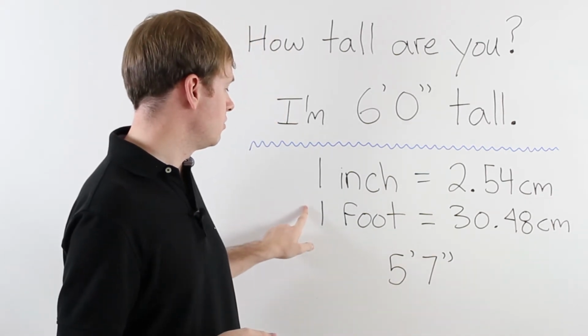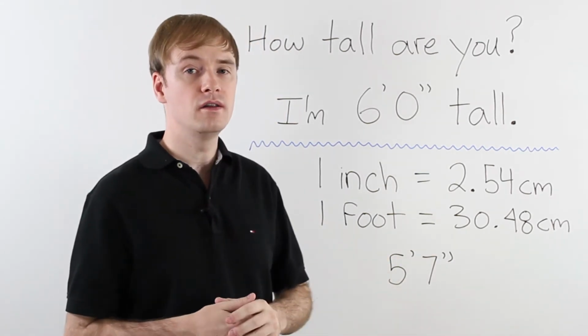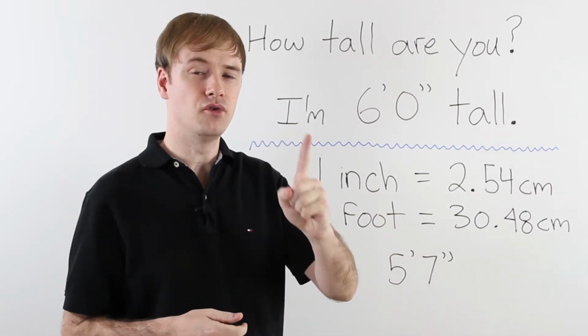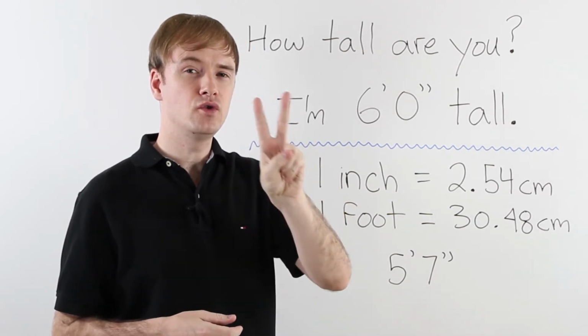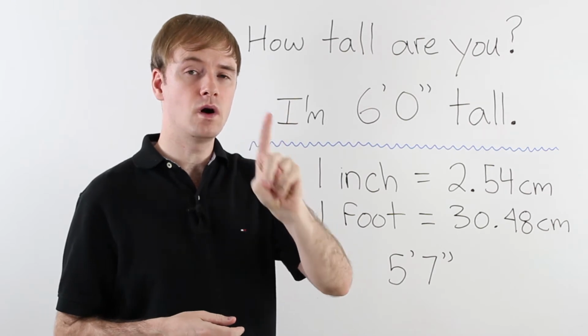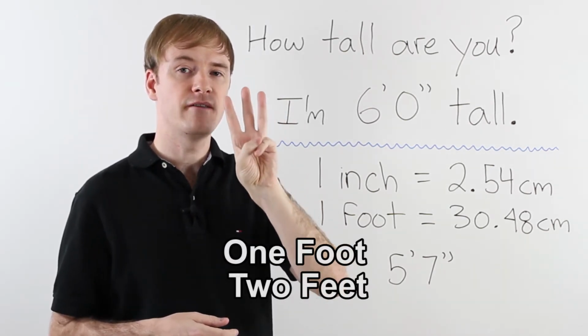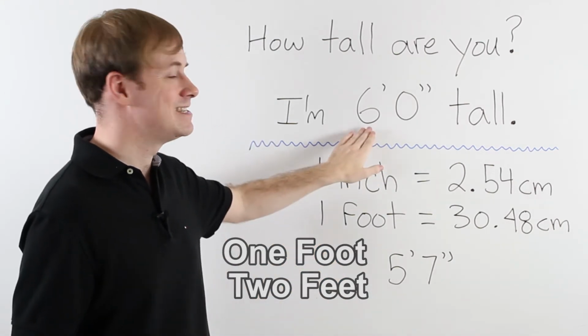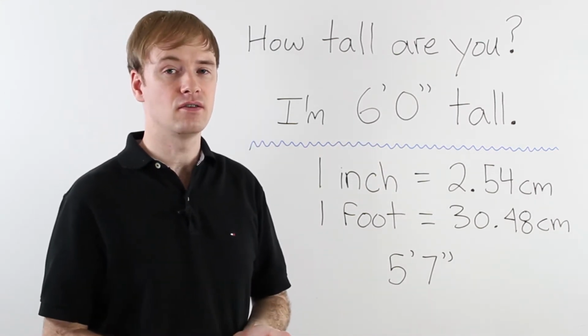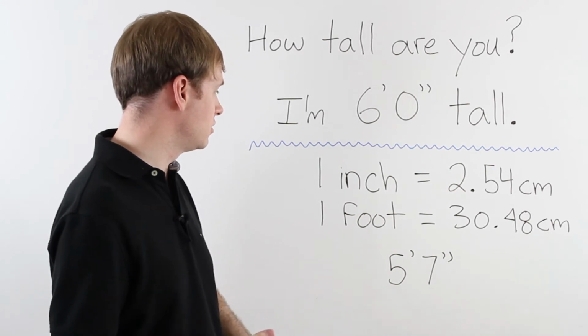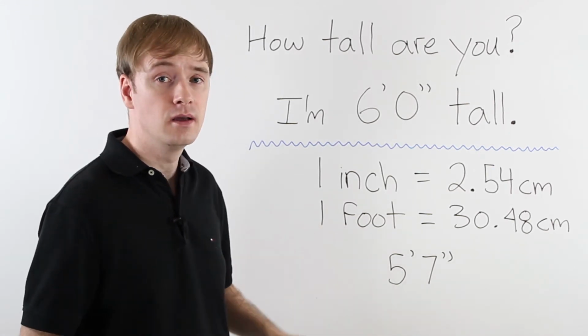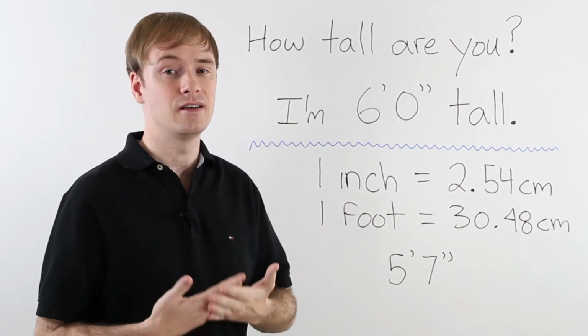All right, so look at this, 1 foot. They say 1 foot. 2 foot? No. 1 foot, 2 feet, 3 feet. I am 6 feet. So the singular is foot for 1, but the plural is feet.